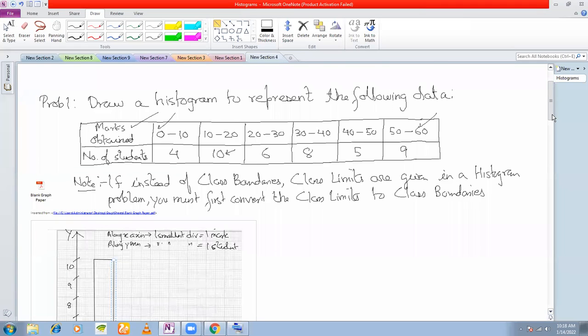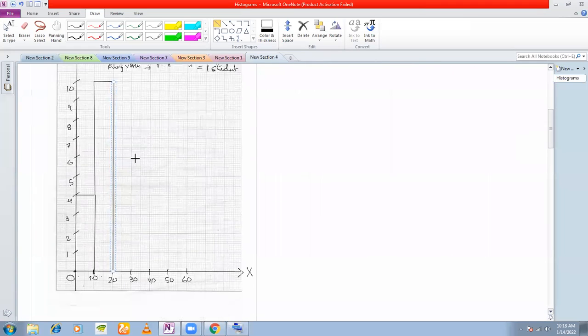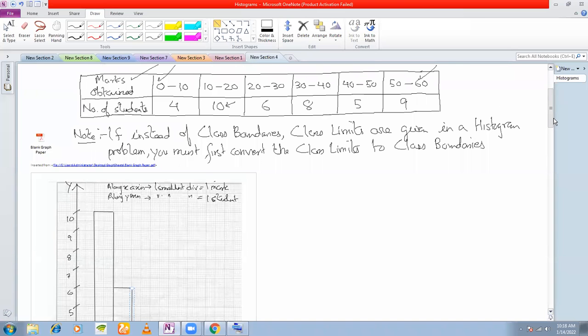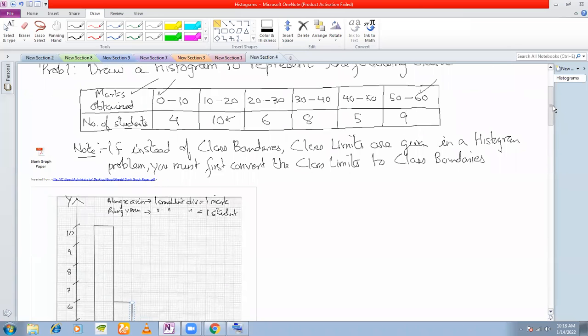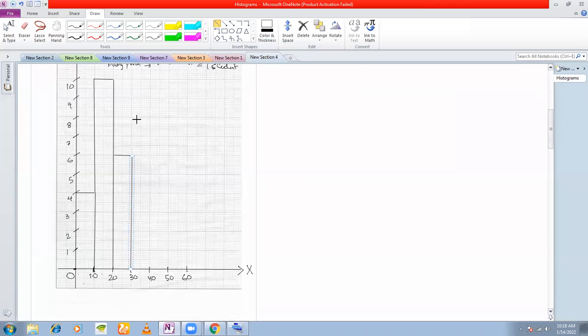20 to 30, frequency is 6. So 20 to 30 is here, frequency is 6. This is for 20 to 30. Next is 30 to 40. What is the frequency? 8. So 30 to 40 will be here. You complete this rectangle for 30 to 40.